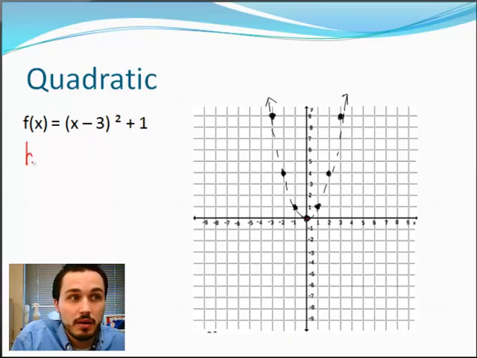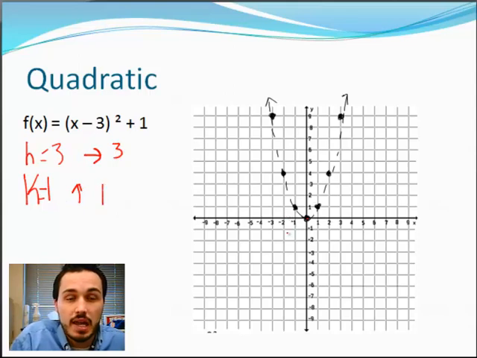So to be clear, the h is actually positive 3, because remember it's the opposite sign. And then the k is 1. And so if h is 3, that means we're going to be shifting right 3, and we're going to be shifting up 1.